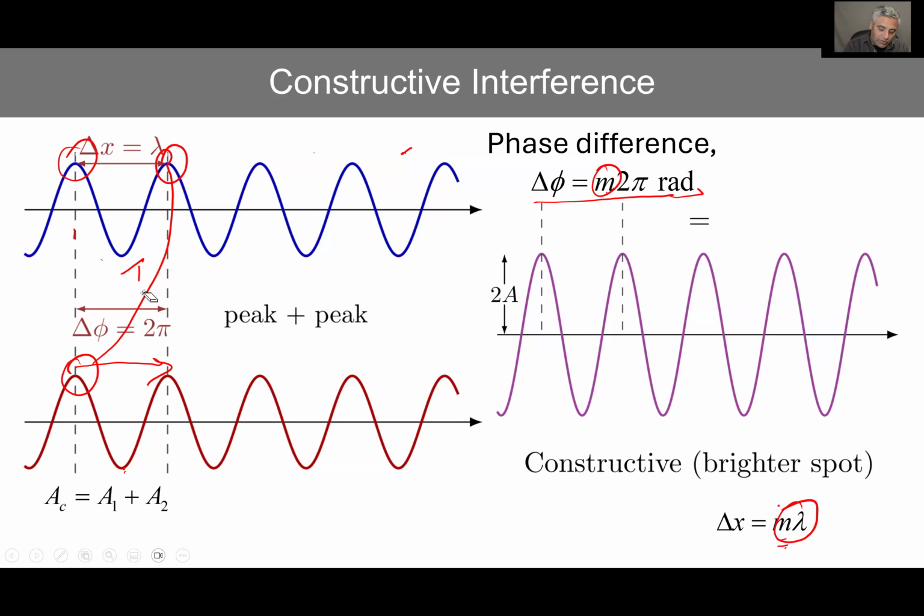Okay. Now, when we have constructive interference, amplitudes get added. So if both of them have the same amplitude, A and A, it becomes 2 times A, just like I have shown here. But they may not have the same amplitude. They can still interfere constructively when that happens. So this C subscript here, I'm just writing for constructive interference, and that's that.